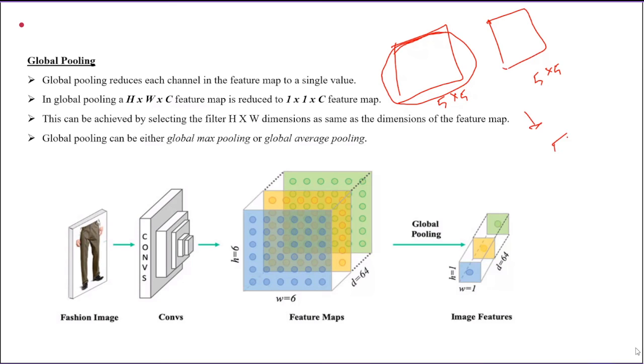This is what we call global pooling. If you have a depth of 64, then you will get 1 pixel with a depth of 64. Here the dimension will be 1 cross 1 into 64.